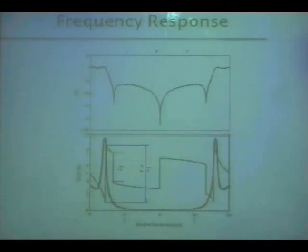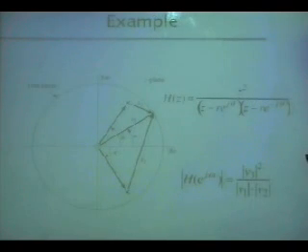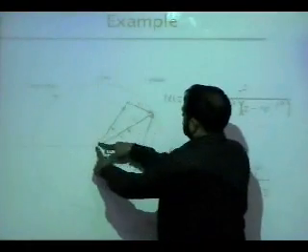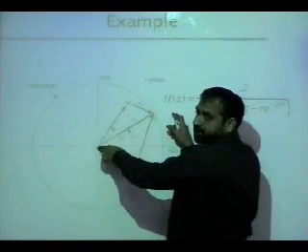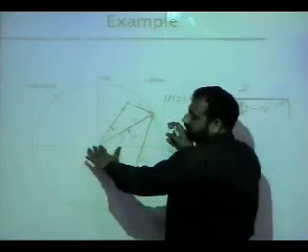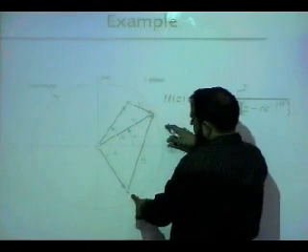This is again something which we saw, the frequency response and the phase response. This is how you do it again: plot all the zero vectors and all the pole vectors, and then do the math. Here all the zero vectors are 1, because all zeros are at the origin. So you need not worry about the zero vectors, only about the pole vectors.